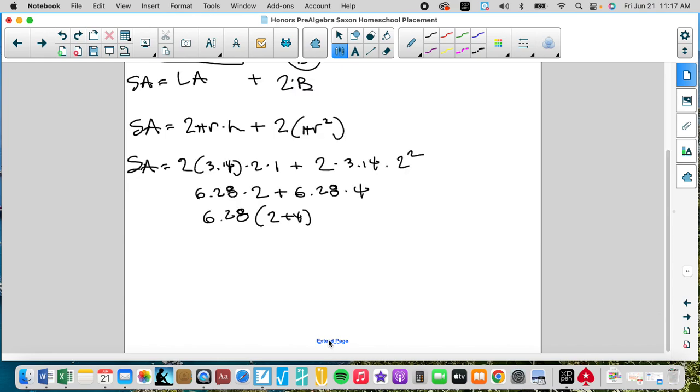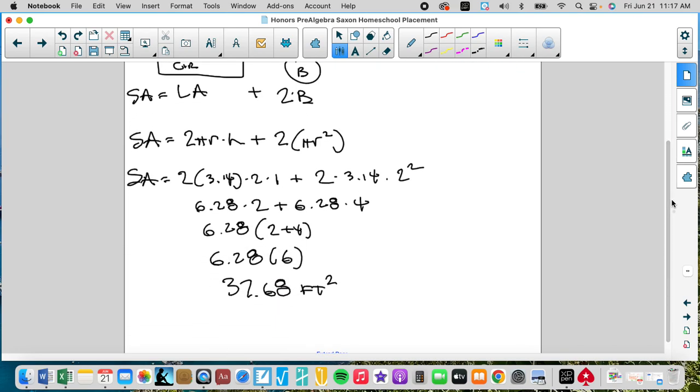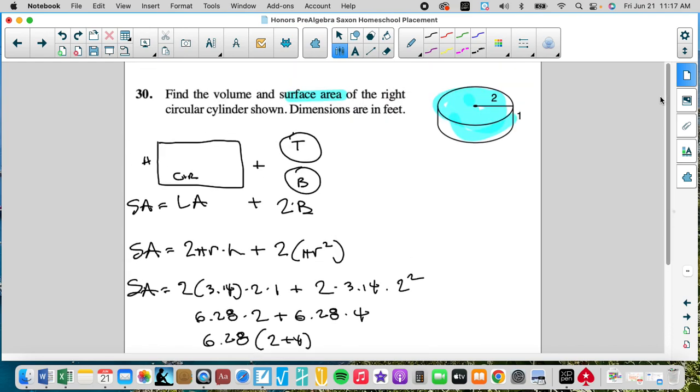We could just multiply 6.28 times 2 or 6.28 times 4. But I like 6.28 times 6, which gives me 37.68 feet squared. Surface area is a two-dimensional object, so you're multiplying only two dimensions, base and height. So that would be the surface area of that cylinder.